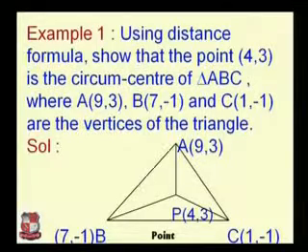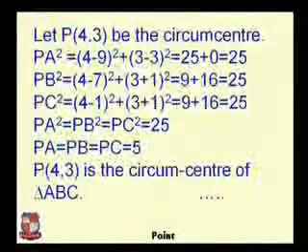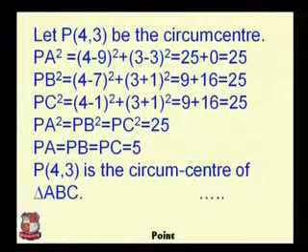So let us understand by the given figure. We can easily understand this figure, and P is the circumcenter of the triangle with coordinates (4, 3). Let P (4, 3) be the circumcenter.